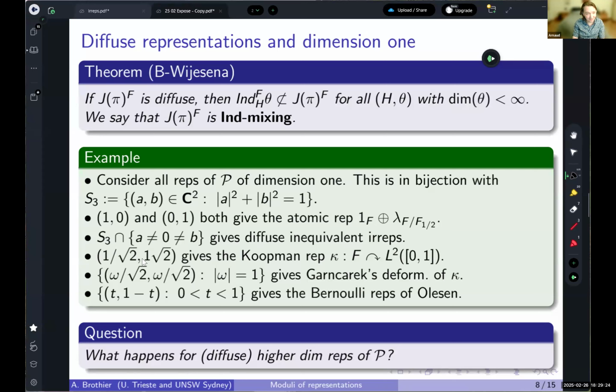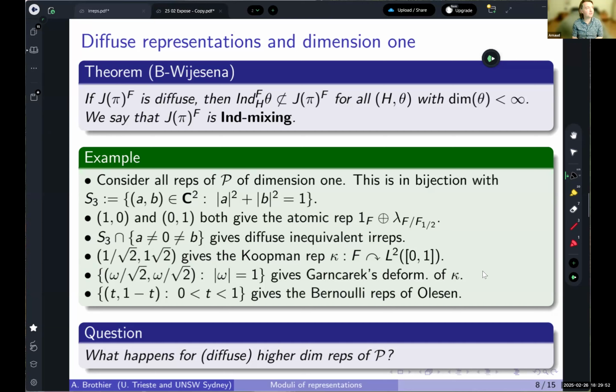One thing, if you take 1 over square root of 2, and this is very remarkable, you get the Koopman representation. And now you can twist it easily. You can just put one complex number of modulus 1, divide by square root of 2, and you get a one-parameter family that deforms the Koopman. Actually, this was discovered in a different manner by Garncarek.